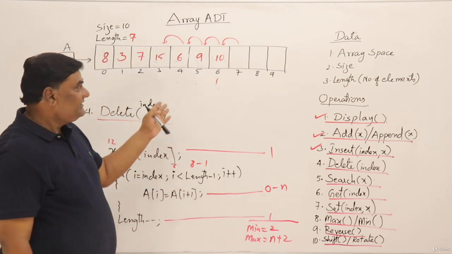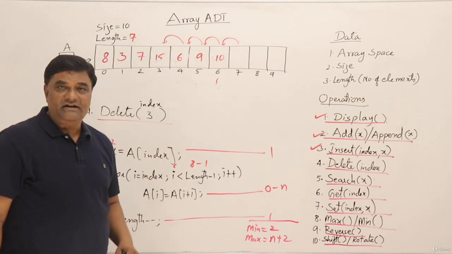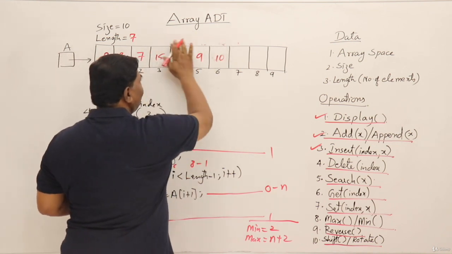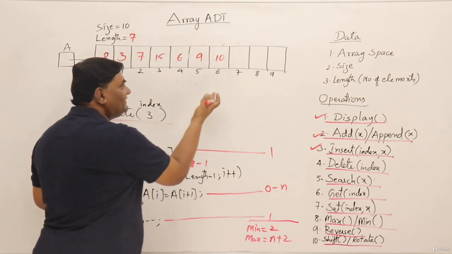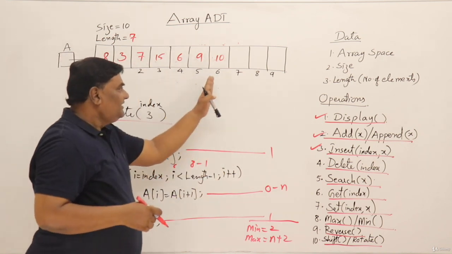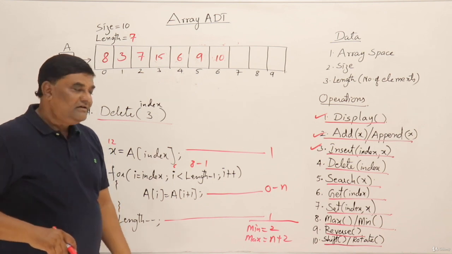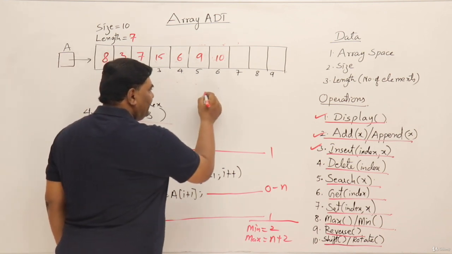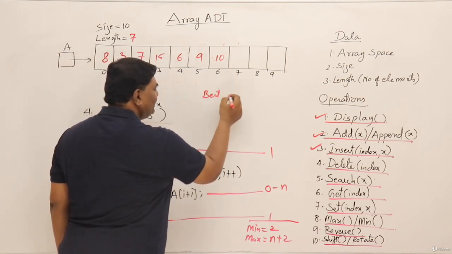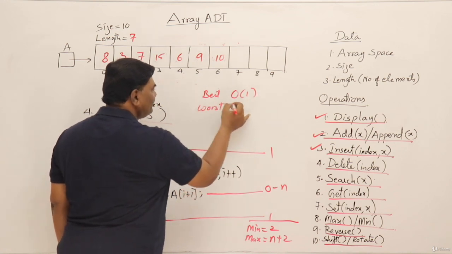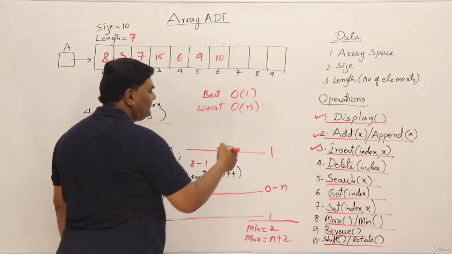If I am deleting the last element, no shifting is required. Right now, if I want to delete 10 from here, then 10 is directly deleted. There are no elements beyond 10, so no shifting is required. So the best case time is order of 1. Worst case time is order of n.